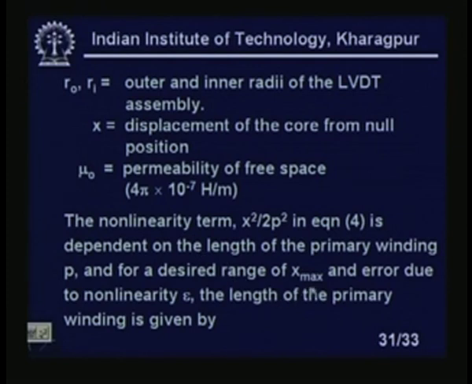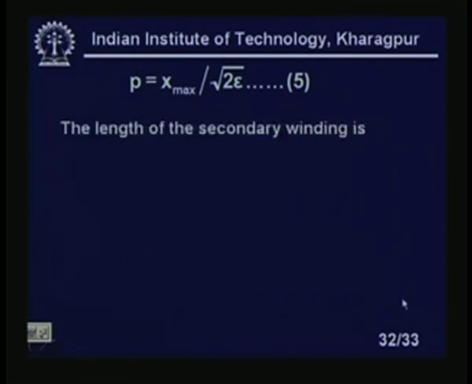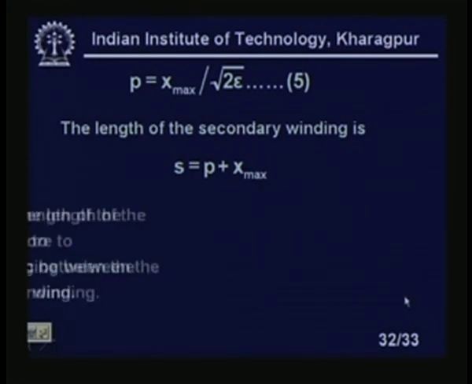For a desired range x max and error due to nonlinearity epsilon, the length of the primary winding is given by p equal to x max upon root 2 into epsilon, equation number 5. The length of the secondary winding is given by s equal to p plus x max.